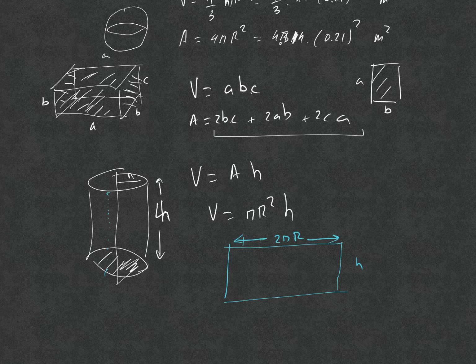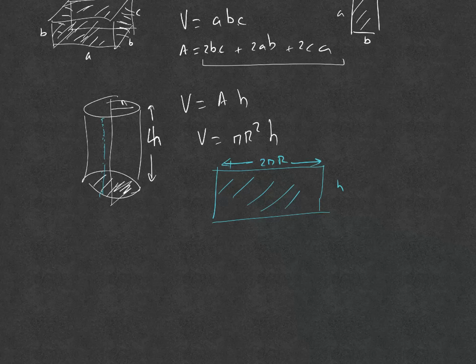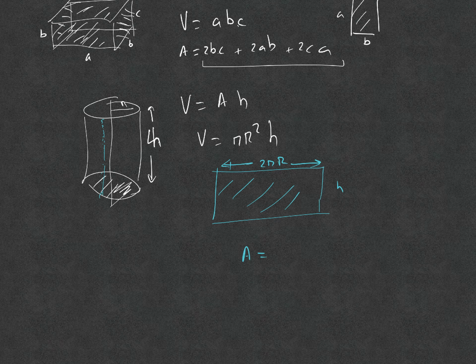I don't know if you can see the cut that we have made. With scissors you cut the cylinder and lay it flat. So the lateral area of the cylinder is 2 pi r by h. So you plug in numbers. Okay, what else?